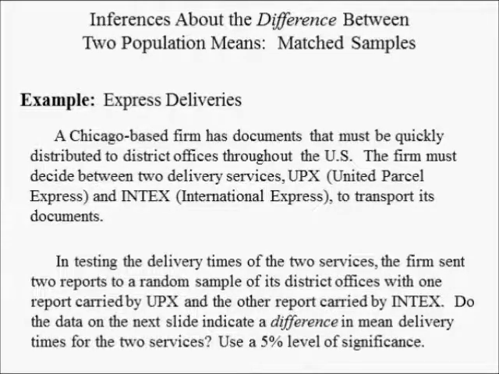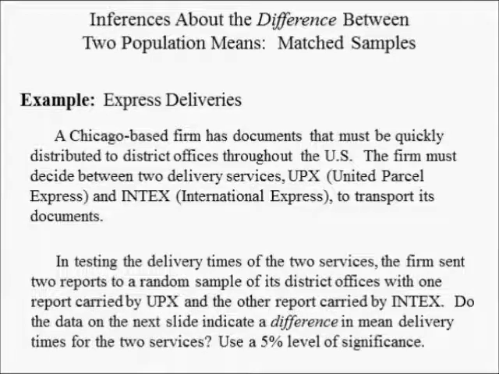Although matched sample problems test the difference of two means, it uses the method in Chapter 9 because the population standard deviations of the matched samples are assumed to be identical and the sample sizes are equal.